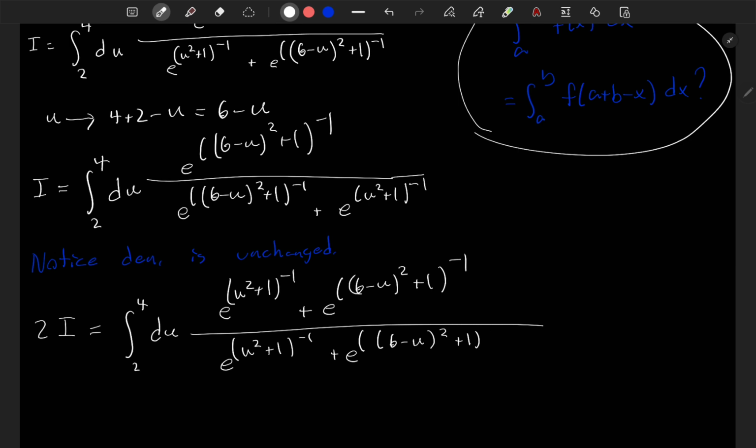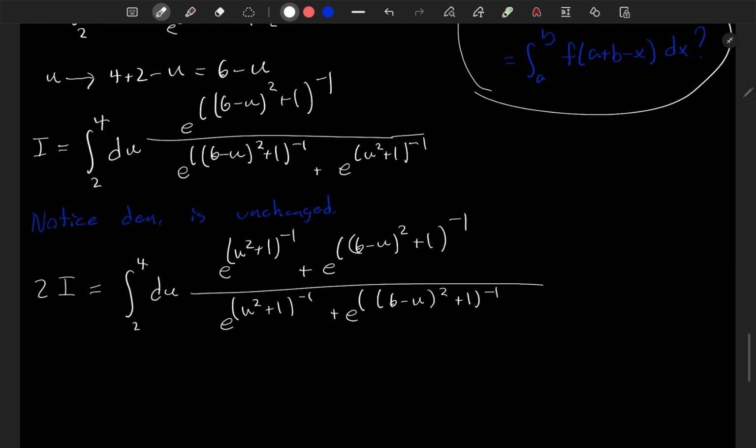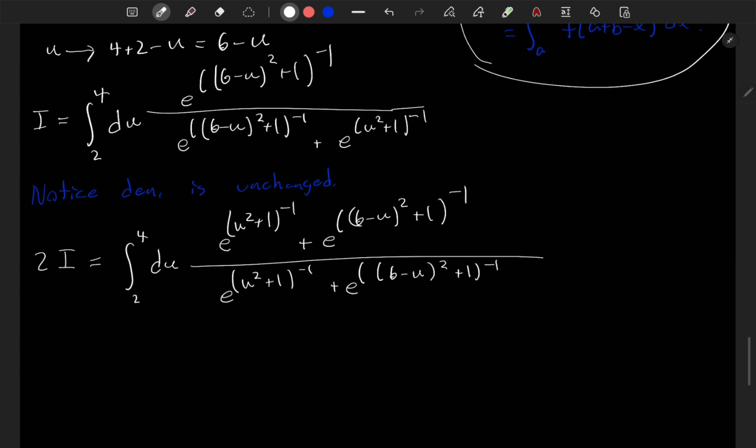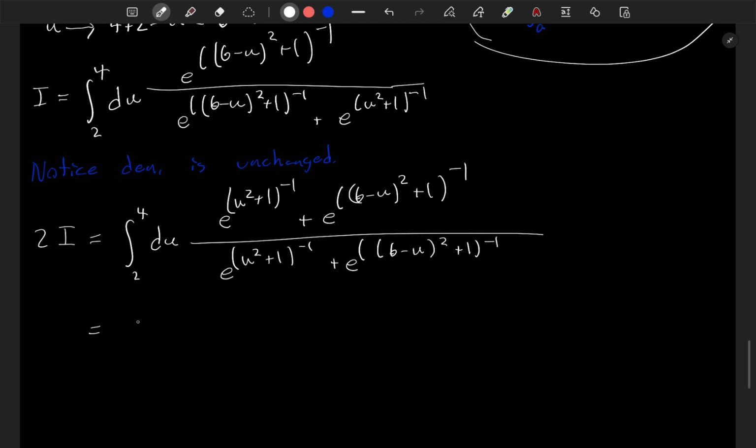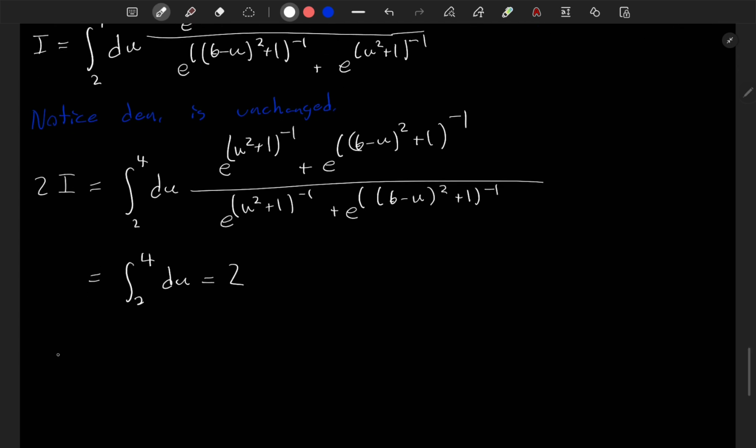Or I guess all that really matters is the denominator is never 0 in this interval. So we get the integral from 2 to 4 du, which is of course 2. So this means our original integral is 1.